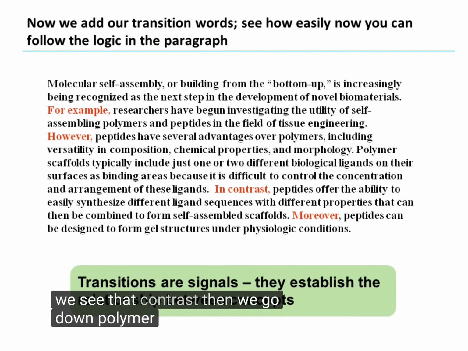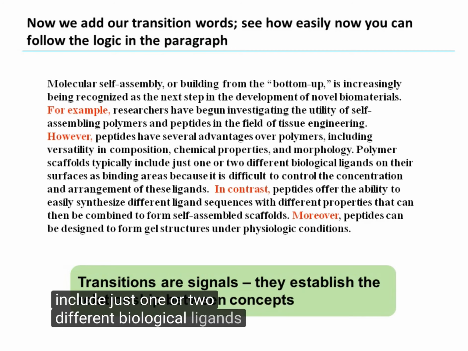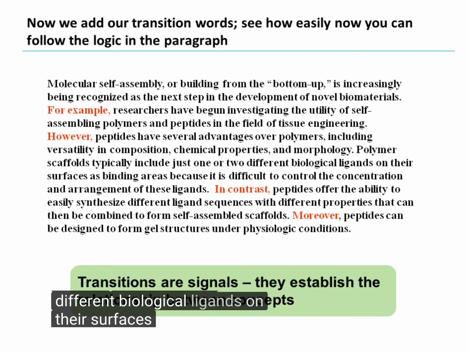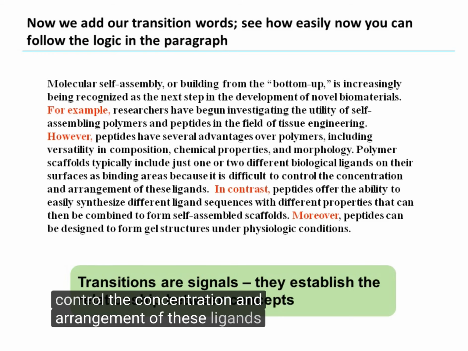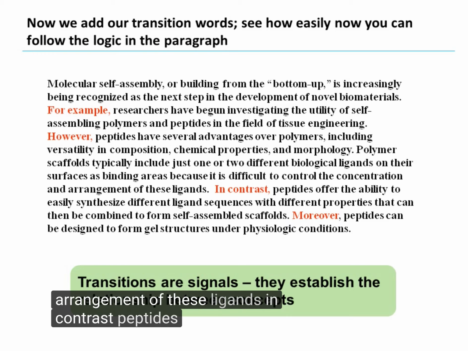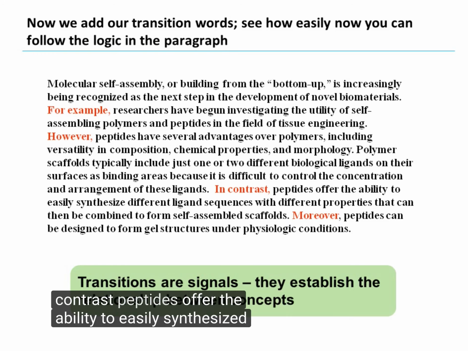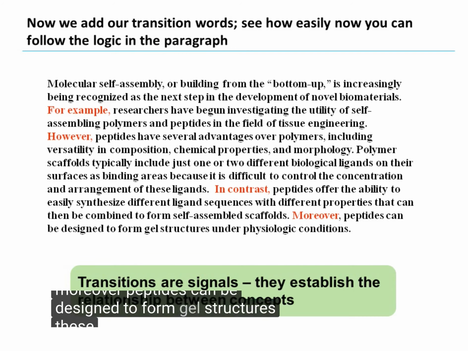Then we go down. Polymer scaffolds typically include just one or two different biological ligands on their surfaces as binding areas because it is difficult to control the concentration and arrangement of these ligands. In contrast, peptides offer the ability to easily synthesize different ligand sequences. Moreover, peptides can be designed to form gel structures.